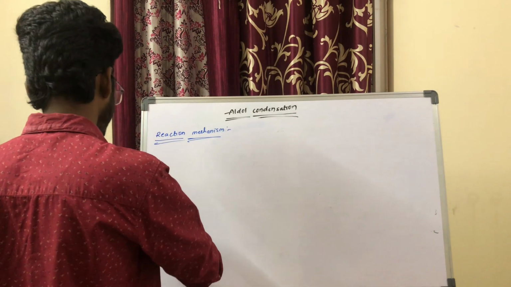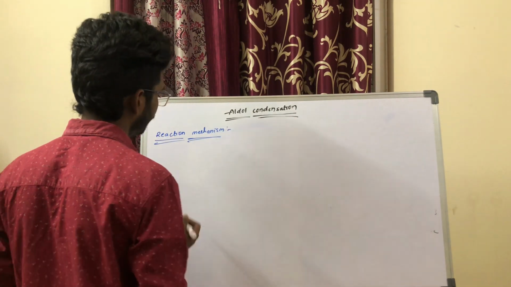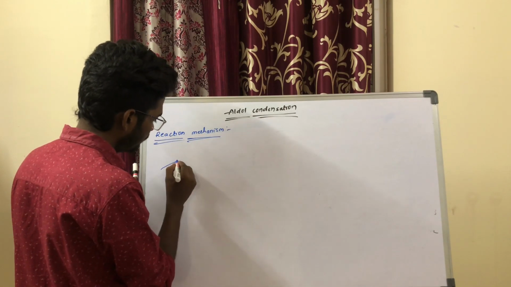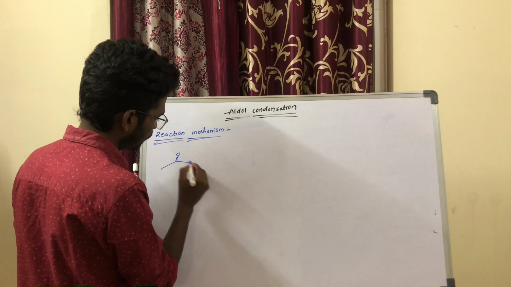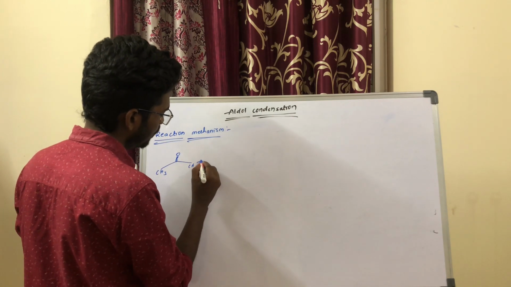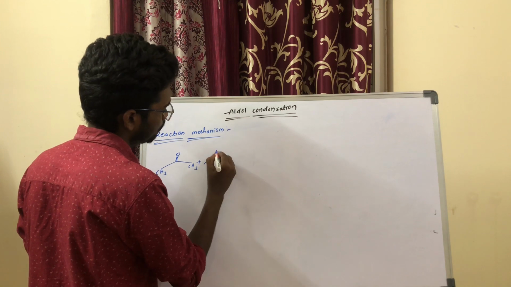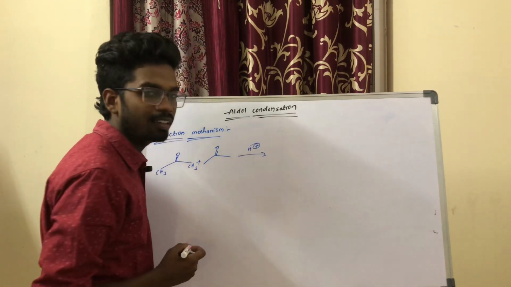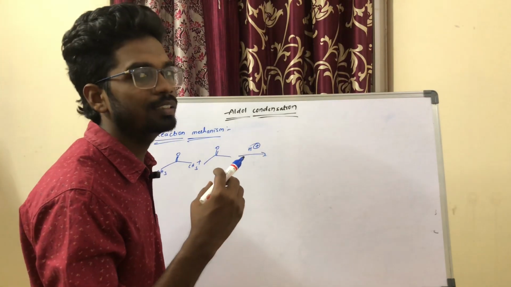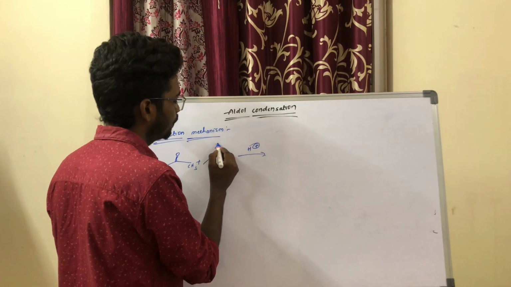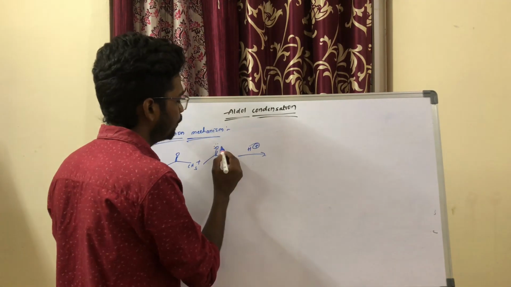So you can see here in this reaction, I will take CH3 again. Acidic in the sense it will give protons, basic in the sense it takes protons. So here you can see oxygen containing a lone pair of electrons, right?